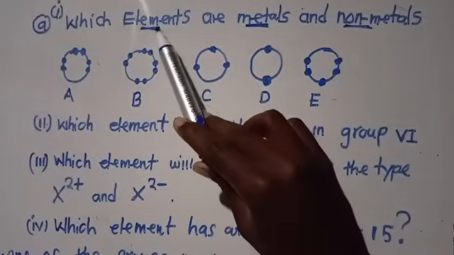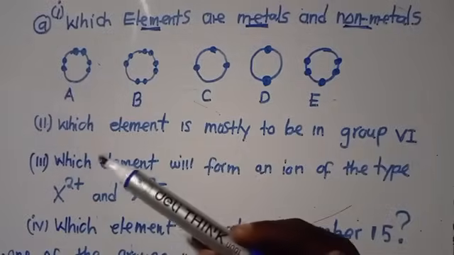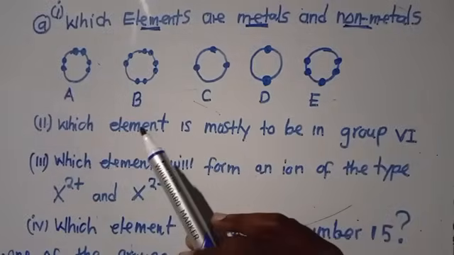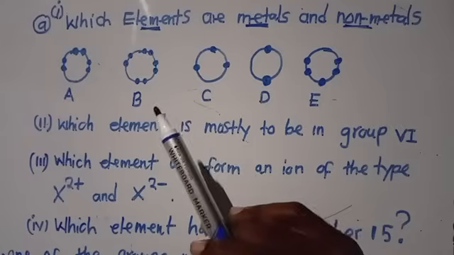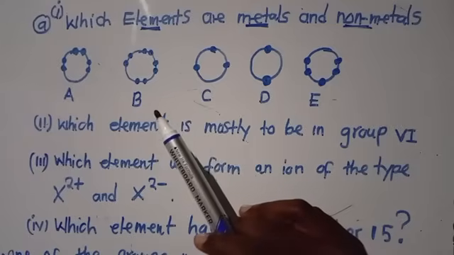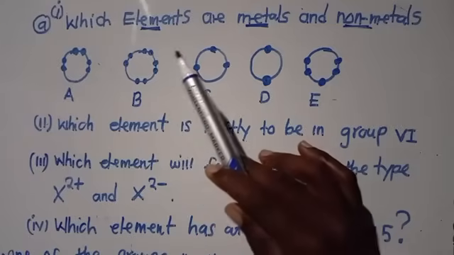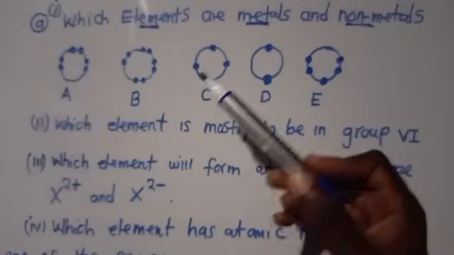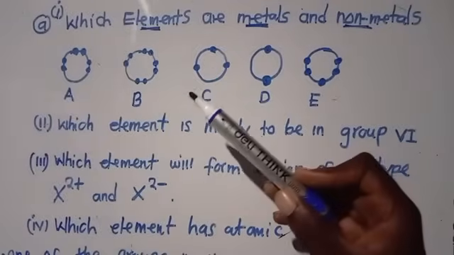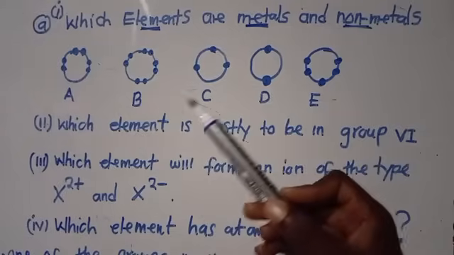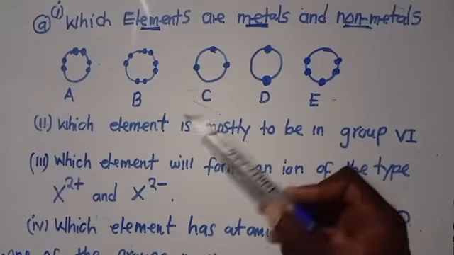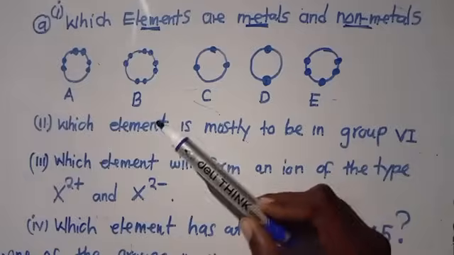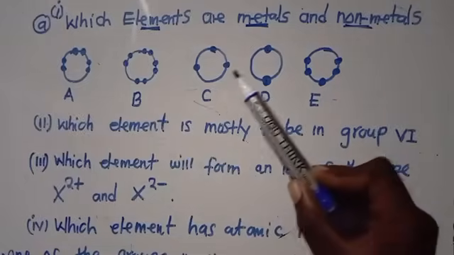An element is just a substance that is made up of one type of material that cannot be broken down either by chemical means or physical means. When you use chemical means or physical means, it cannot be broken down.